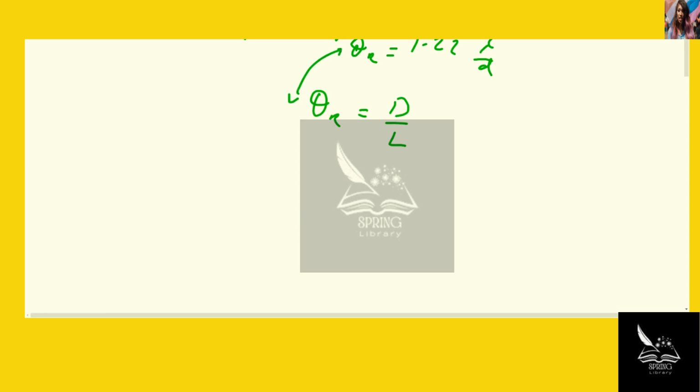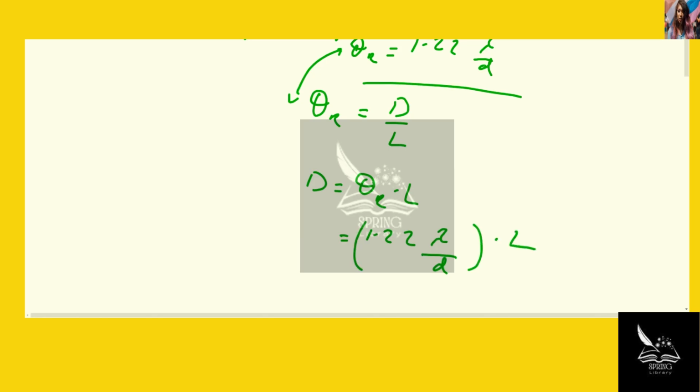So D obviously is going to be theta r times L. That's the way we're seeing it. D is theta r times L, but since theta r is 1.22 lambda over d, we could do that replacement. So 1.22 lambda all over small d, that's our theta r, times L.